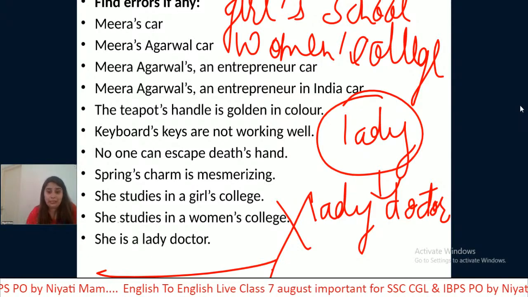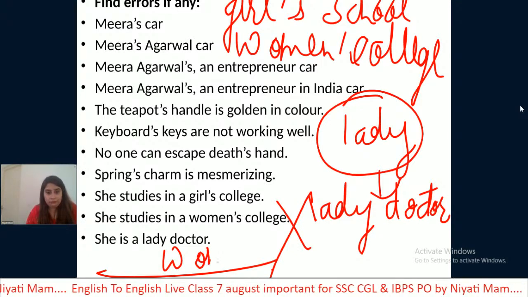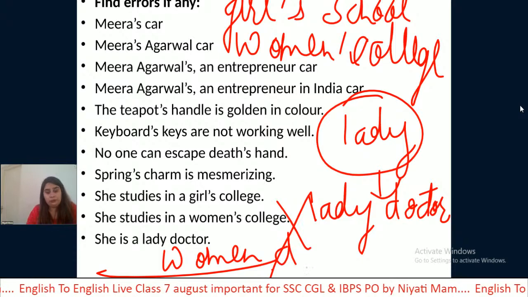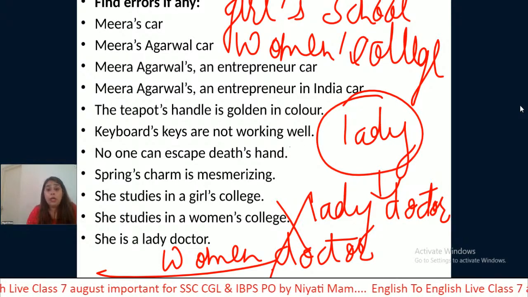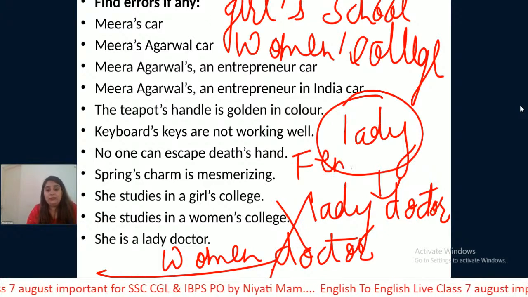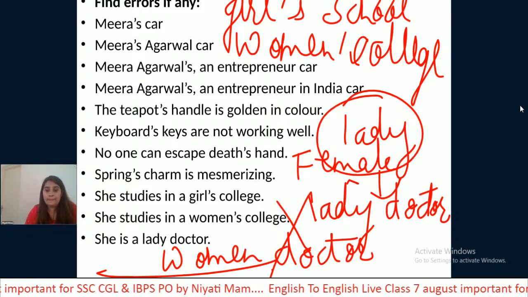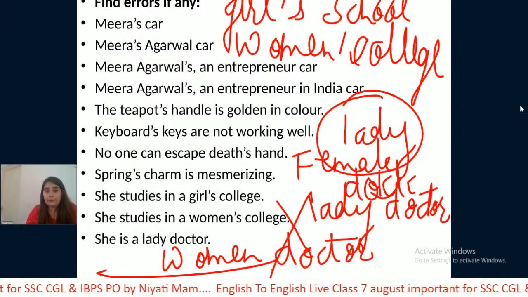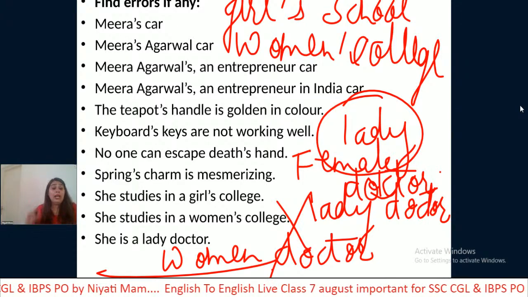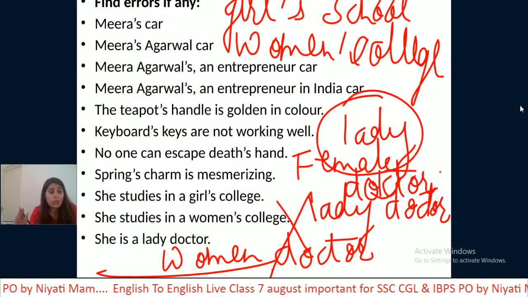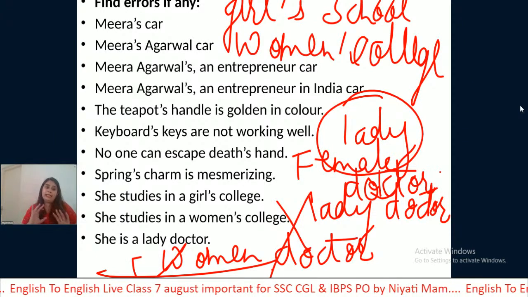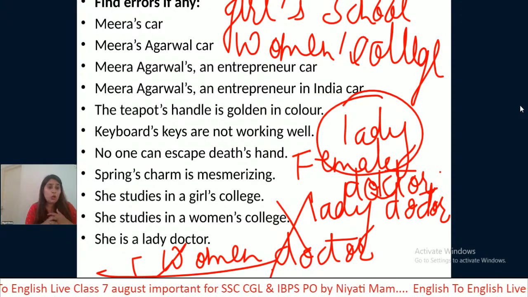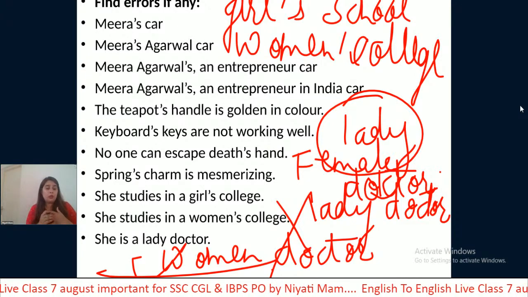Either you people can say women doctor, or you people can say female doctor. If I talk about the preferred version, it is women doctor, but both are correct. You can use female doctor, you can use women doctor.